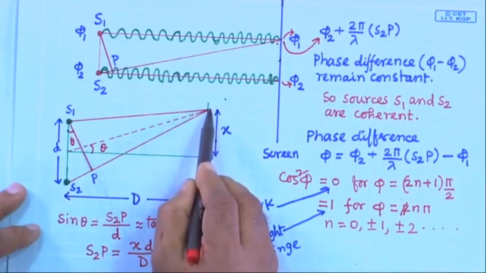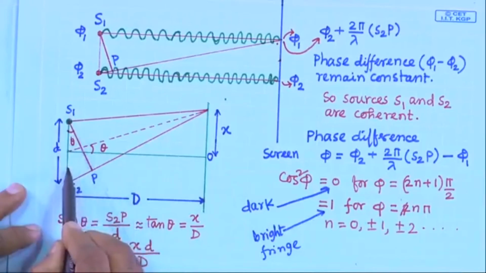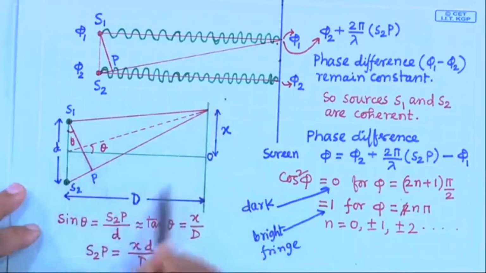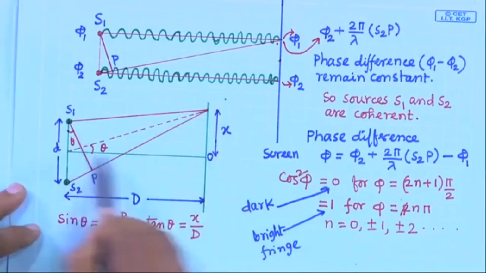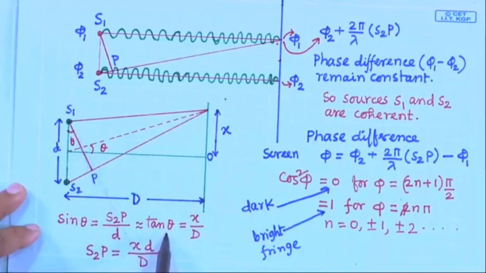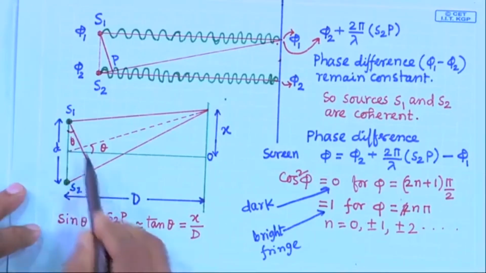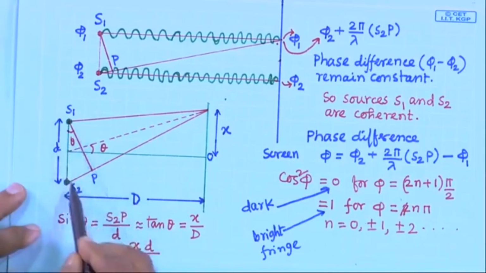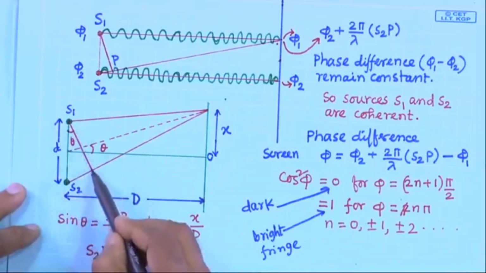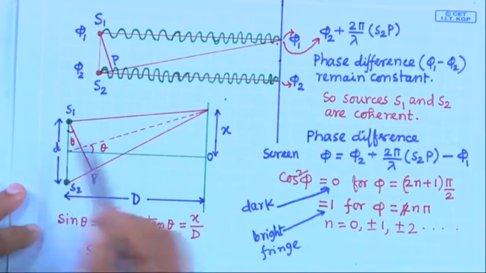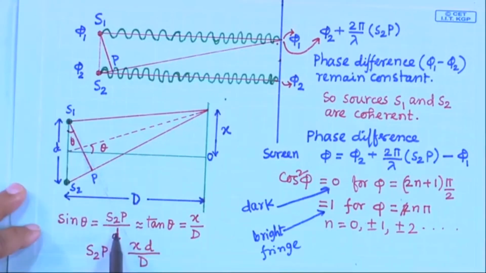If the distance is x, and the distance between the source and the screen is capital D, then x by D is tan theta, and sin theta will be S to P by small d. This small d is the distance between the two sources.